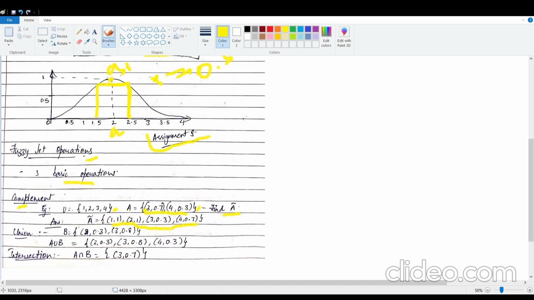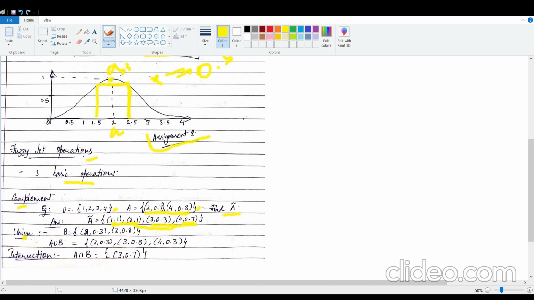So 1 is totally not present in A, so I associate a membership value 1 in its complement. Similarly with 2. With 3, I already have a membership value 0.7, so in the case of complement, I'll be using 0.3, whatever is left from this 0.7. Similarly with 4, I have 0.3 in A, so I'll use the remaining part 0.7 in the case of complement.